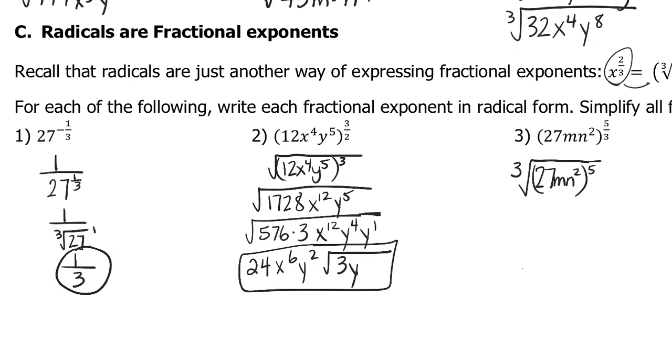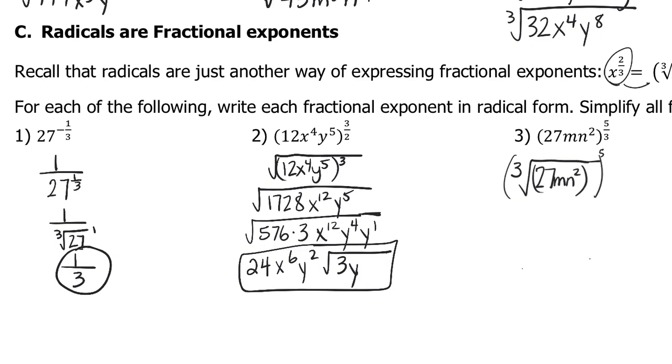So 27 to the power of 5 is something very large. In fact, I think what I might do on this one is apply the power of 5 after, just so I don't have such huge numbers. So I'm going to get rid of this. I'm going to do this first, and then I will apply the power of 5.